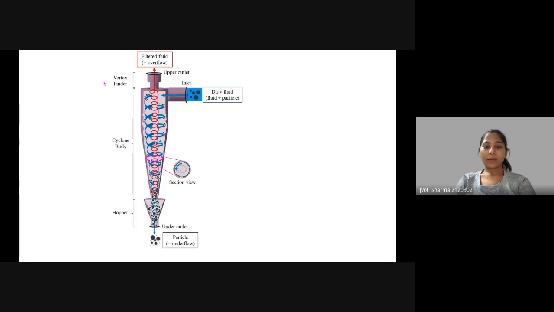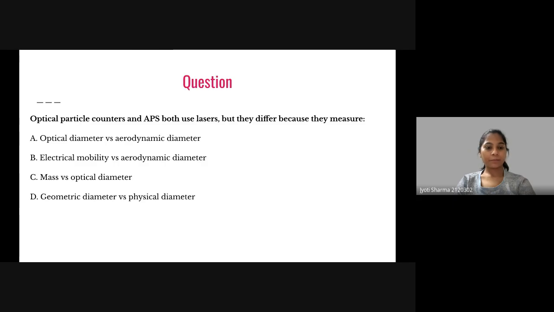So yeah, you already have seen this kind of instrument, optical particle counters, so we already have talked about this. OPC and APS both use laser, but they differ because they measure: optical diameter versus aerodynamic diameter, electrical mobility versus aerodynamic diameter, mass versus optical diameter, and geometric diameter versus physical diameter.